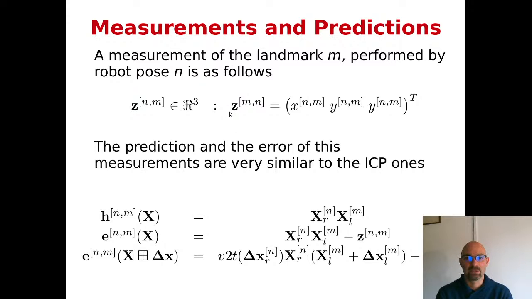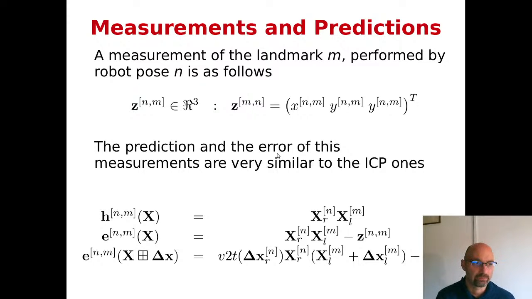One of these observations will be a 3D vector, x, y, z. This is a z. I'm noting the typos to fix.